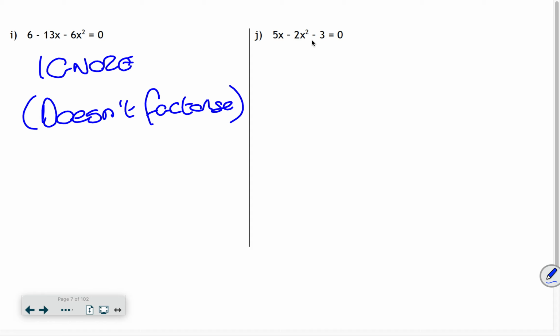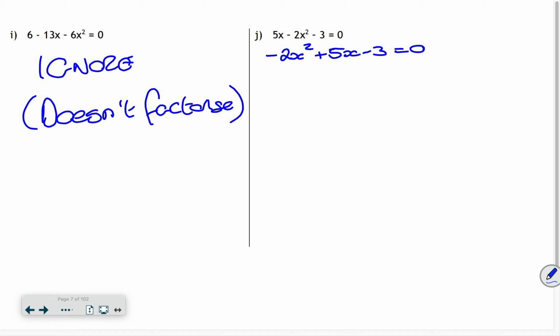Example J, we have 5x minus 2x squared minus 3 equals 0. So before we do this, what we want to do is actually just rearrange it so we have the x squared term at the front. So that'll be minus 2x squared plus 5x minus 3 equals 0. What I like to do is I don't like to factorise with a negative x squared term.